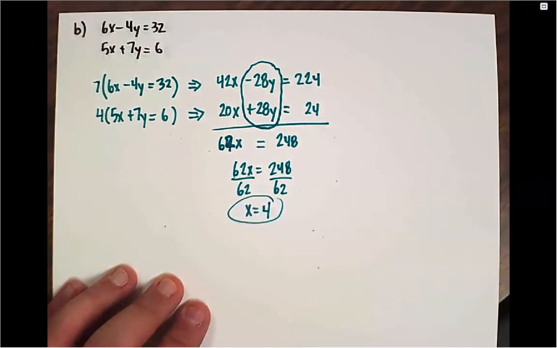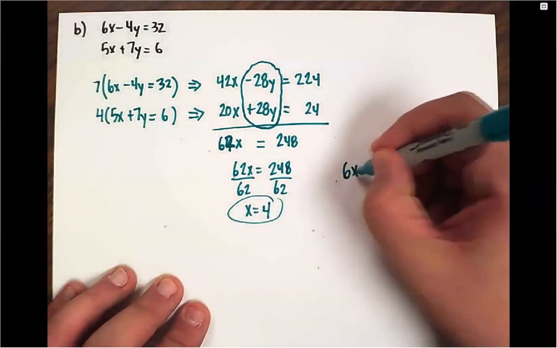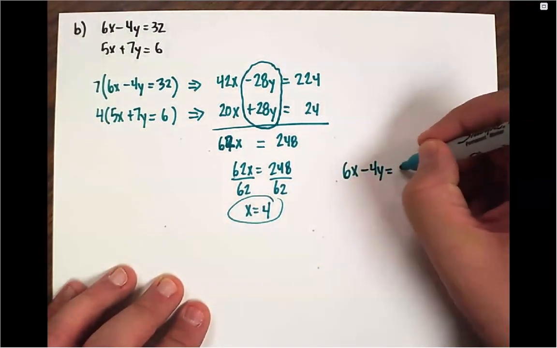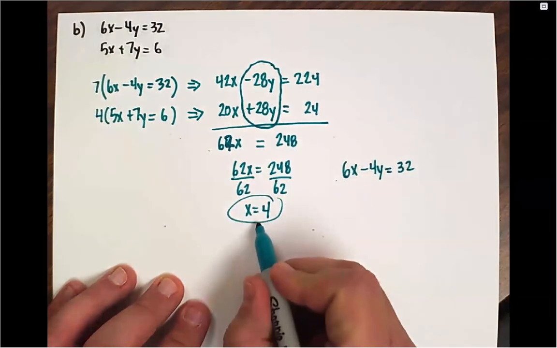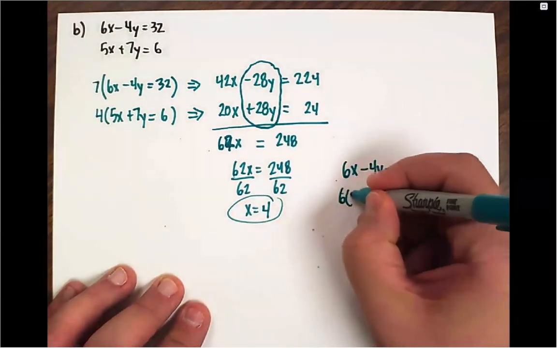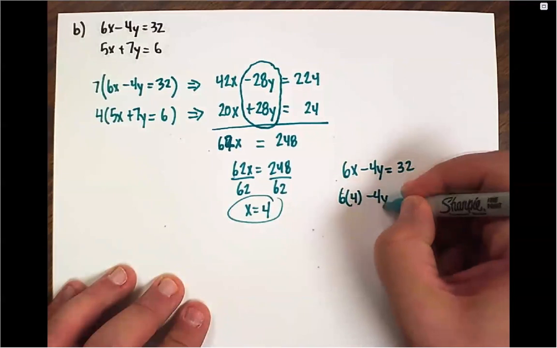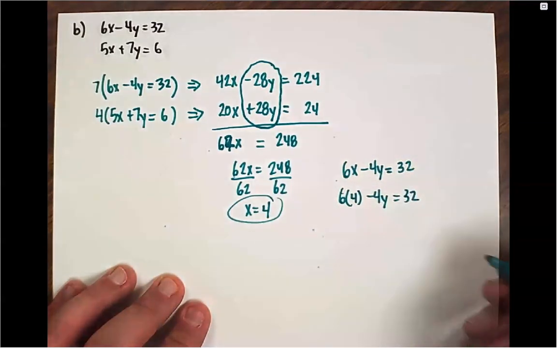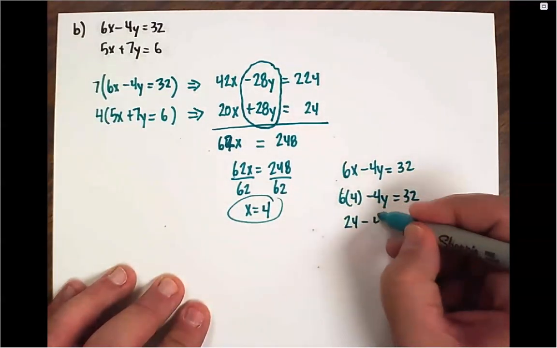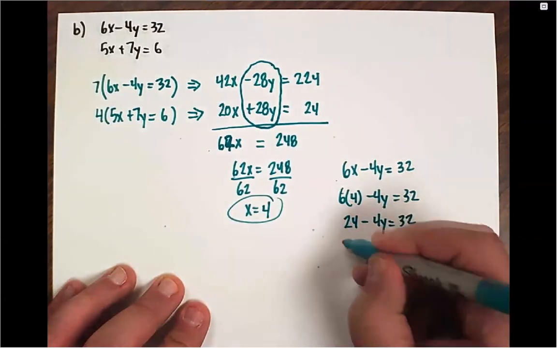Now I need to figure out what y is. So pick an equation. It doesn't matter which one. I could take 6x minus 4y equals 32. I'm going to plug 4 in for x. So 6 times 4 minus 4y equals 32. So 24 minus 4y equals 32.